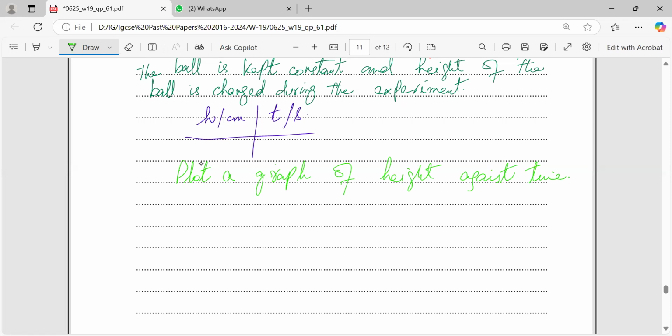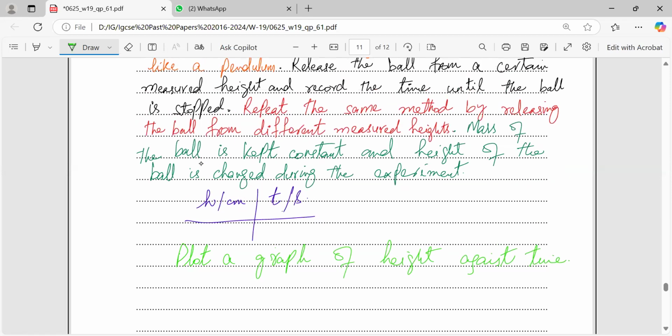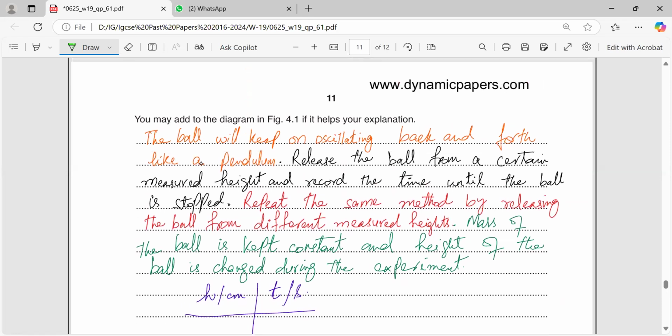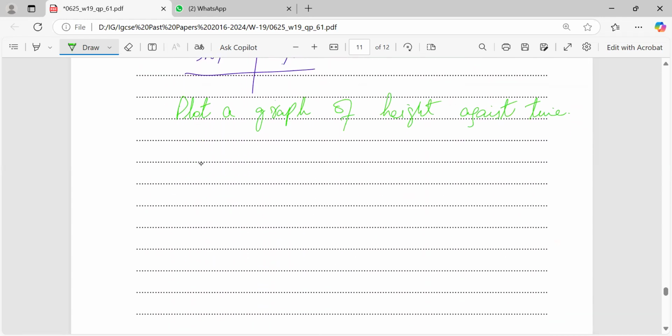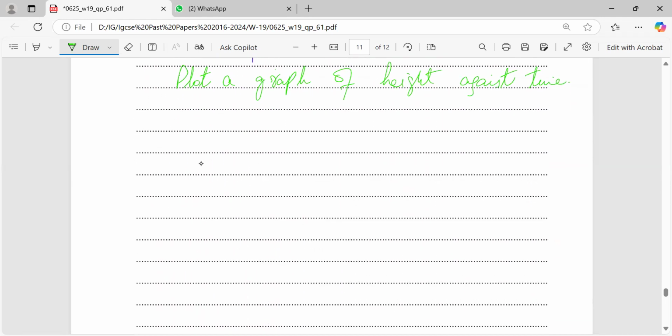Then you can write that you take at least 5 sets of data. Let me check the marks: 1, 2, 3, 4, and method 2 marks. Something has changed on the graph also, but that's enough. Or you can say repeat and take at least 5 sets of data, so that way you can proceed.